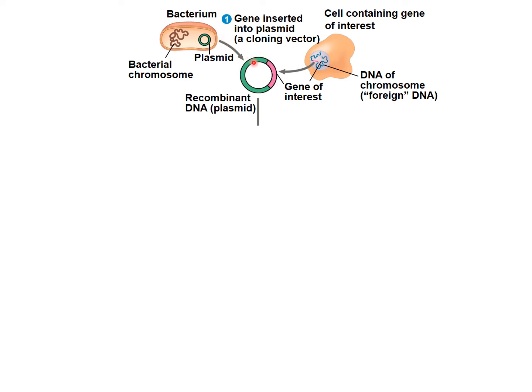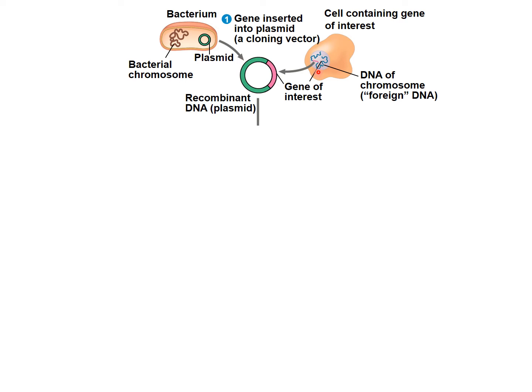The plasmid has been modified so that it has what's called multiple cloning sites, and restriction sites, which allow us to cut the plasmid open so that we can take a gene and put it into the plasmid. Basically it's a cut and paste mechanism.